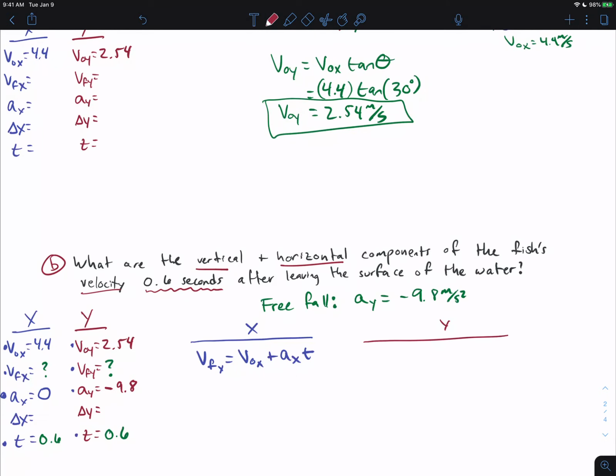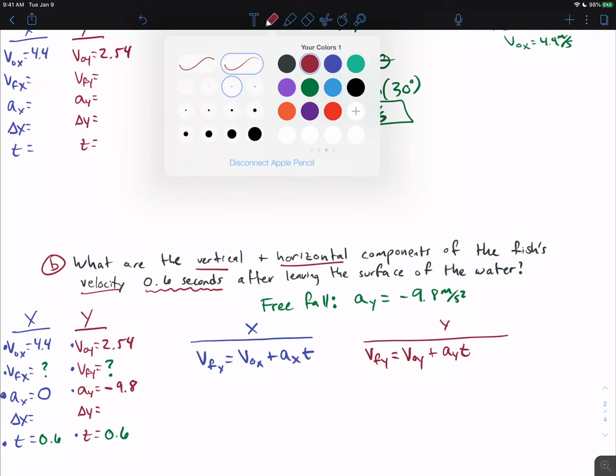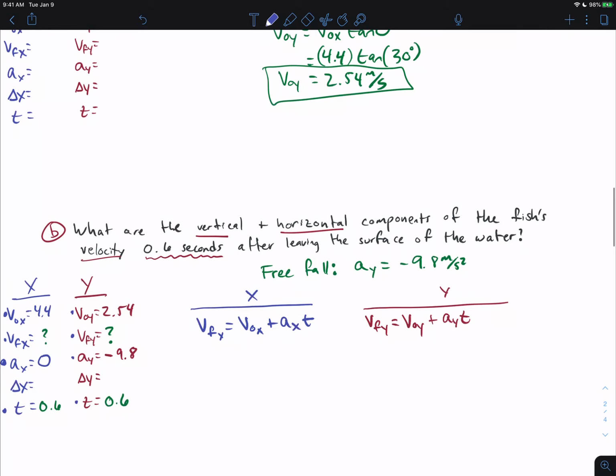You see just how I keep them separate here. It takes up a little bit of space, but it's very convenient to keep this separate to make sure that we don't start mixing any of these variables. Okay, so let's go ahead and work in the x direction first, because this is going to be super quick, because we have this acceleration equal to 0.